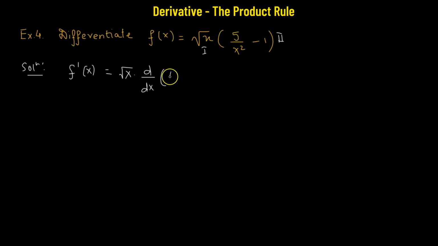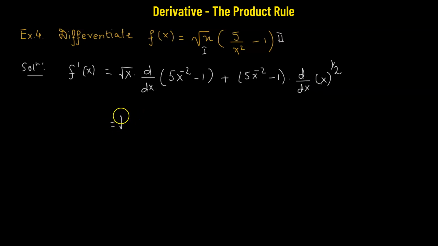But 5 over x squared can also be represented as 5 times x raised to the power of negative 2, minus 1. Then we have plus 5 times x raised to the power of negative 2 minus 1 multiplied by the derivative with respect to x of the first function, which is square root of x, but we can also represent it as x raised to the power of half in the form of an exponent.